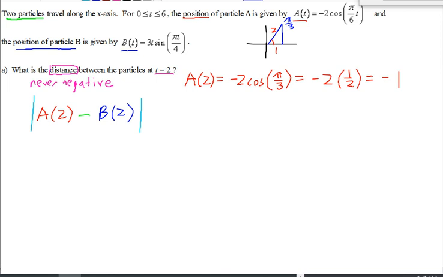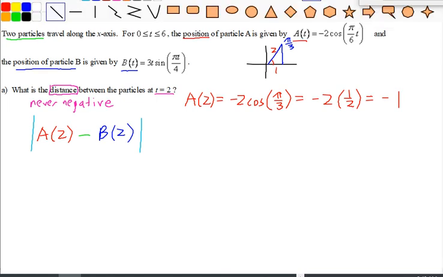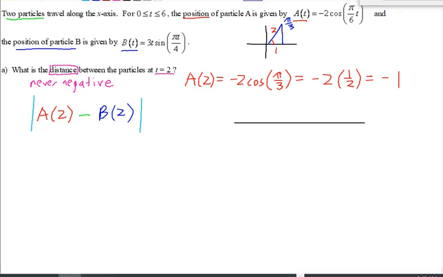So if we were to draw down the number line here, negative 1, that's where particle A is. Now let's find b of 2.